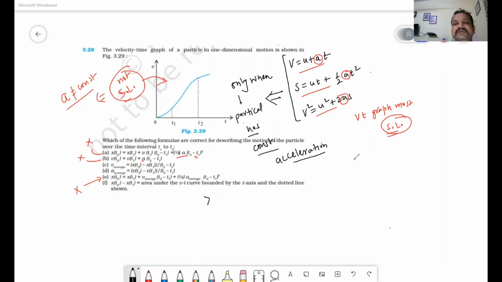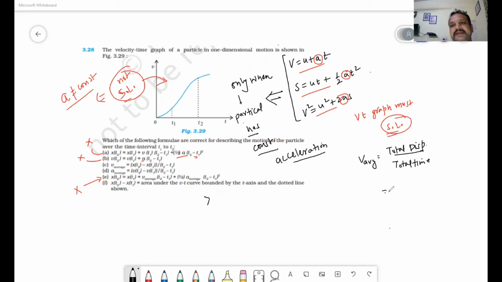Now we talk about the average velocity and average acceleration. What is the average velocity? Average velocity is nothing but total displacement upon total time.